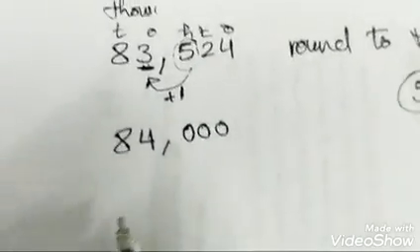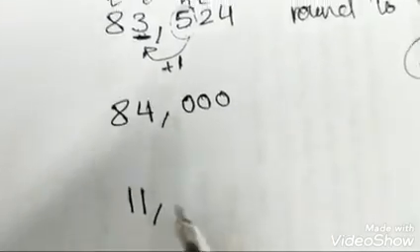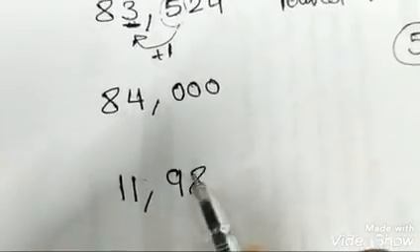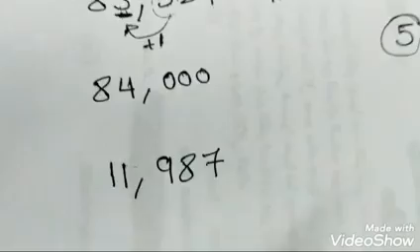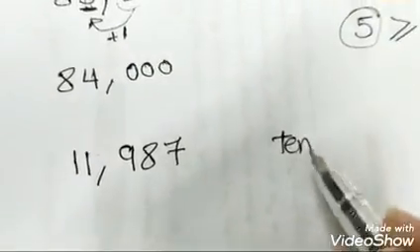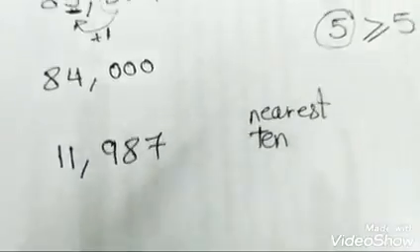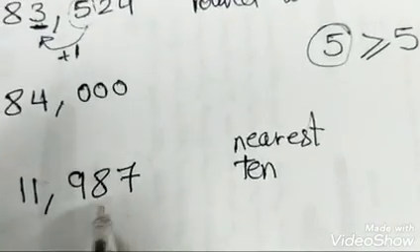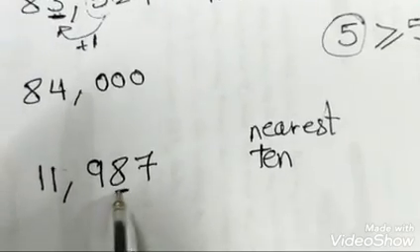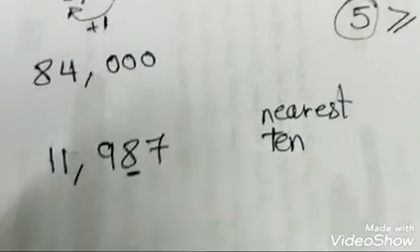Now, if I have the number 11,987 rounded to the nearest ten, where's the tens digit?